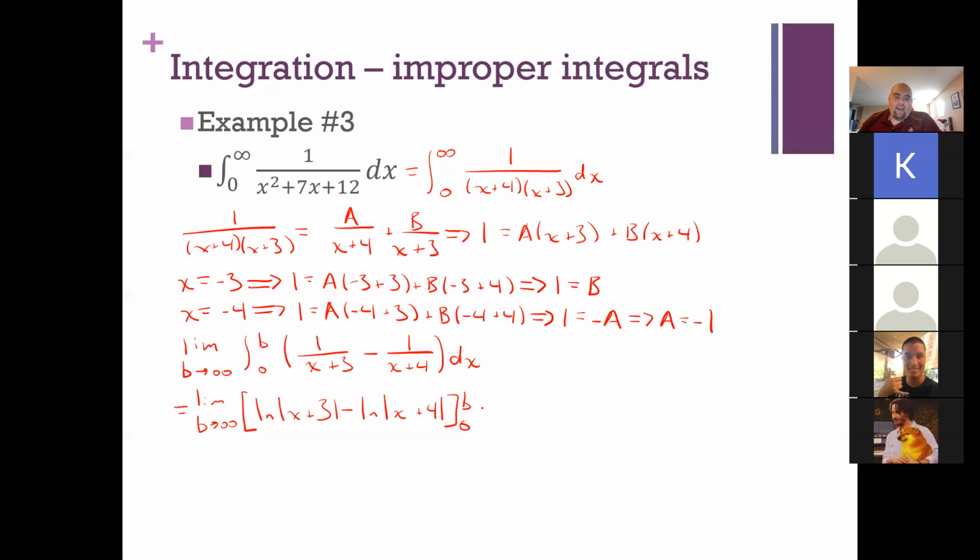But one thing that I want to remind you of, and hopefully this looks familiar, but it might be a while since you've used it. Are you okay with me doing this, the natural log of x plus 3 over x plus 4?